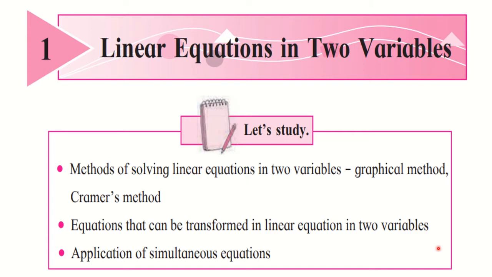But there we studied only one method, that is the elimination method. For 10th standard we are learning both the methods. In the previous lecture we saw one example where we used both the methods, and now we are seeing the solved examples from the textbook.